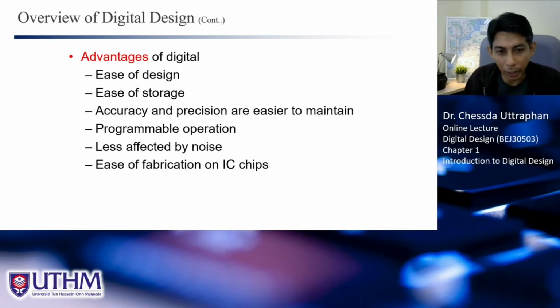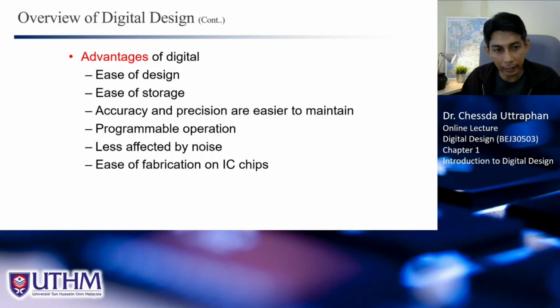To represent 0 and 1 is easy in electronics. We use a transistor, because a transistor can be used as a switch. Switch on means logic 1, switch off means logic 0. So we mainly use transistors to represent digital values, and to fabricate a transistor is very easy on semiconductor.